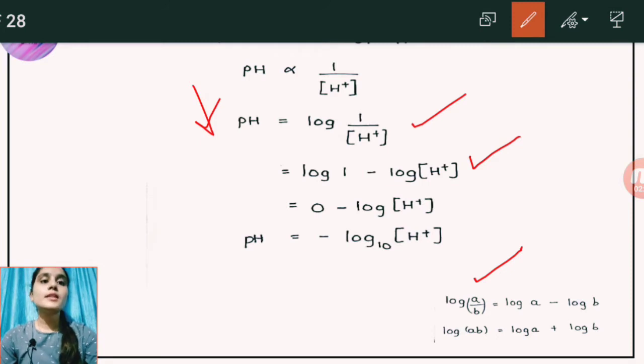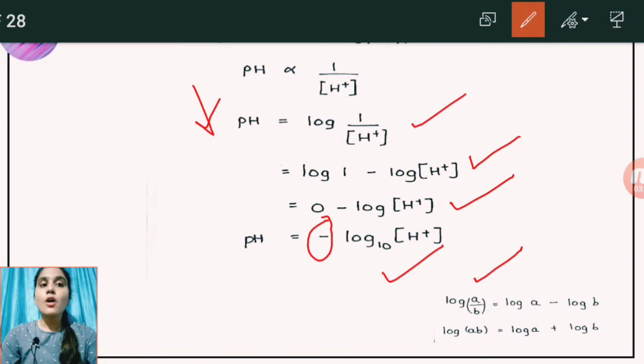The answer will be 0 minus log of hydrogen ion concentration, because log of 1 is usually 0. Therefore pH is equal to minus log of hydrogen ion concentration to the base 10. It doesn't matter whether the base, that is 10, is stated or remains blank. For example, if they didn't give the base, base 10 is the same as the default. So don't worry about it.